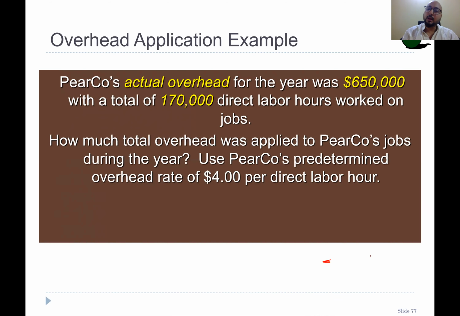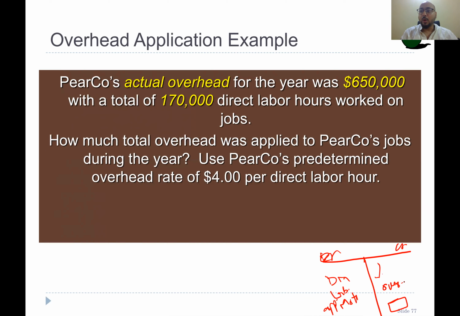So in the T account, you have the raw material, which I call direct material, you have labor, and you have manufacturing overhead, which is applied. If over applied, you need to decrease it. This is debit, this is credit, so you write it down here. Over applied.